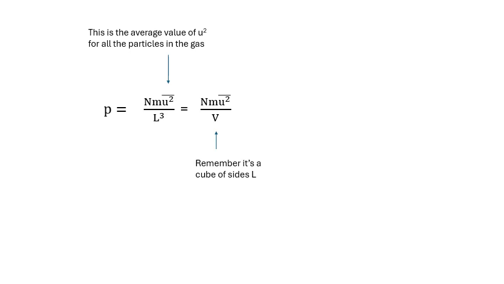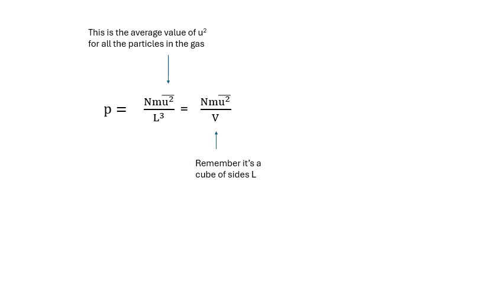Now, there are N particles. There's a very large number, big N. So I'm going to multiply it by big N and use the average value of u squared, because they've all got different values of u. So the average value of u squared, and then times N, because N is a very large number.